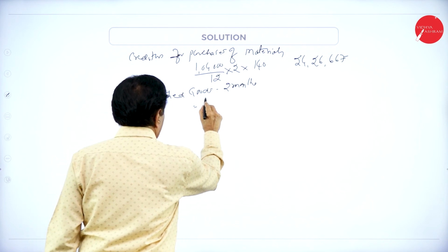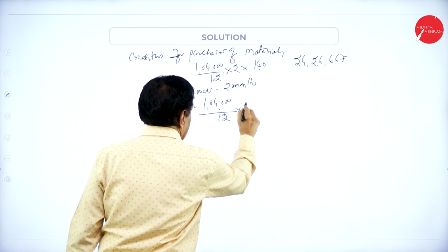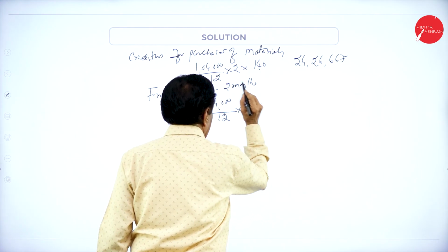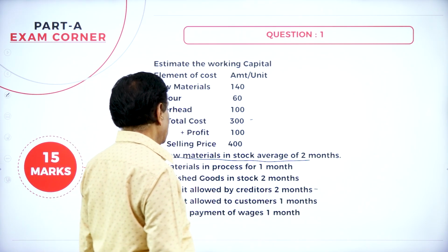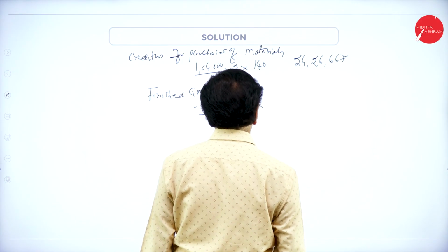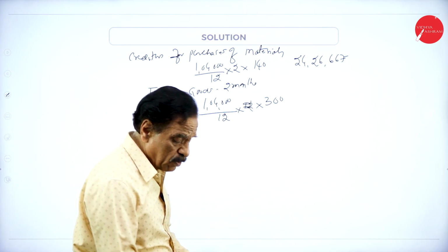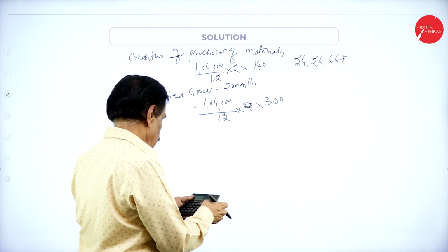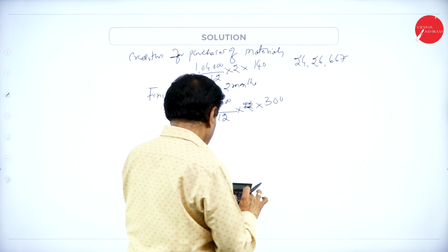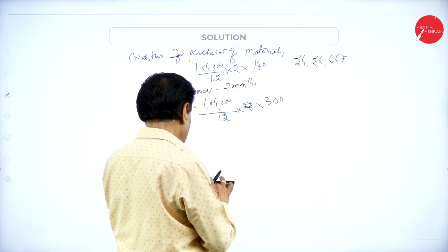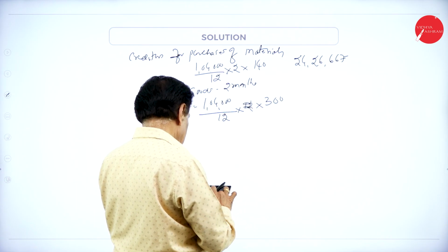So 1,04,000 divided by 12 into 2 months, so into cost price, 300. So 1,04,000 finished goods divided by 12 into 2 into 300.